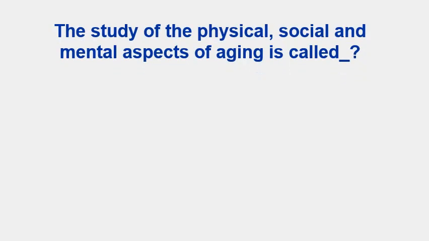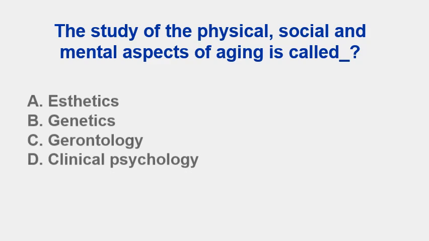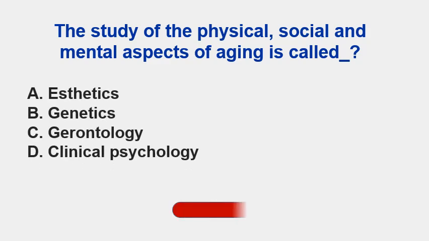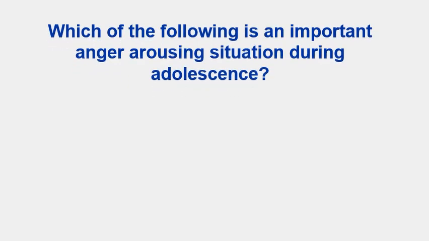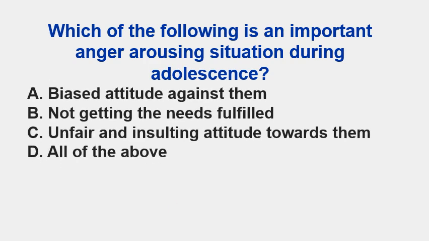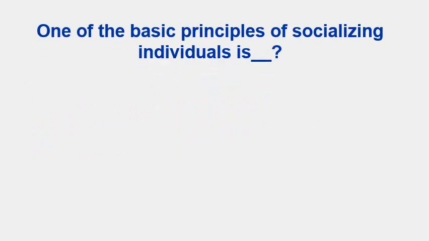The study of the physical, social, and mental aspects of aging is called. Which of the following is an important anger-arousing situation during adolescence? One of the basic principles of socializing individuals is.